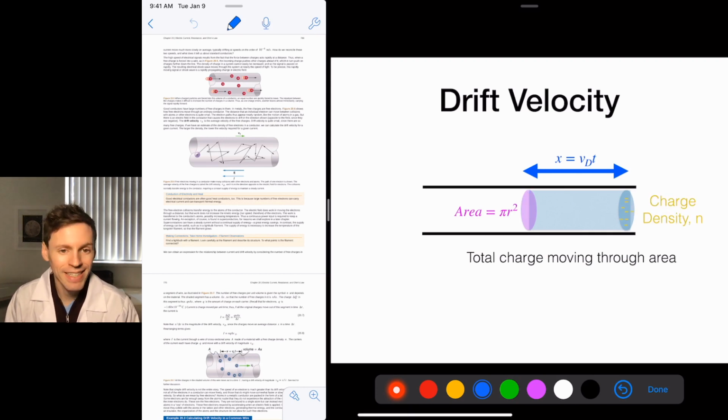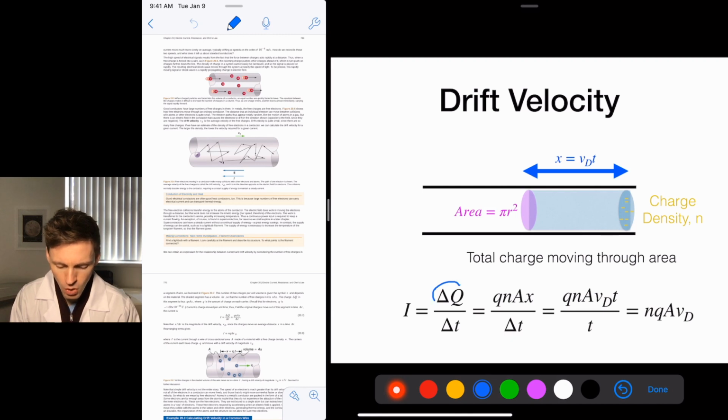The charge density, n, is the number of charges in that area. And the total current, then, is going to depend on the total amount of charge. What's the total amount of charge? It's the number of charges per area times the area times the distance.